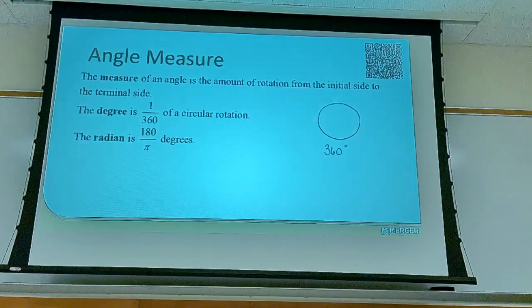A circle is 360 degrees. One full revolution on a circle is 2 pi radians.